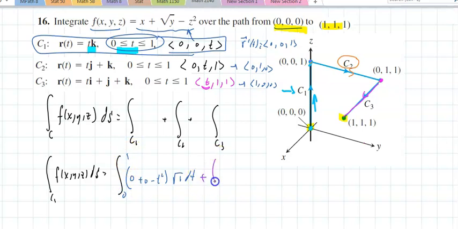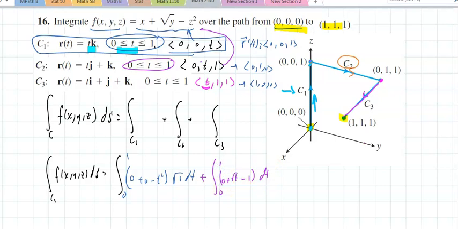Plus, along C2, you're going to still run from 0 to 1. That's not going to change. Oh, I switched colors. That's okay. And here, if you plug those in, you're going to get 0 plus radical t minus 1 squared dt.